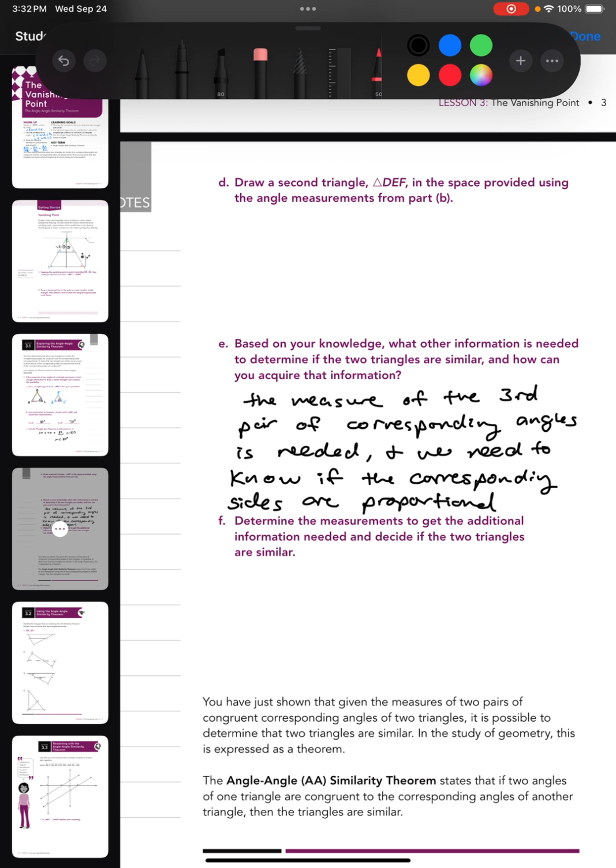So, determine the measurements to get the additional information needed and decide if the two triangles are similar. And based on what I drew, if my drawings were better, we'd say yes, the third pair of corresponding angles are congruent.